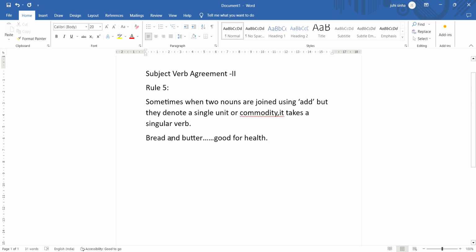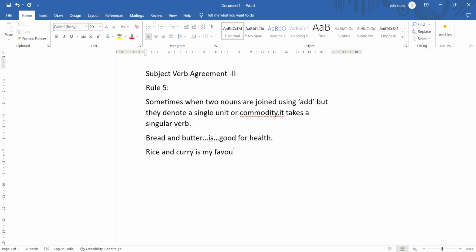Both of them are joined using and, but still the verb which we are going to use here will be is, because bread and butter is a unit. We eat it together. We don't eat it separately. Okay. Another example can be rice and curry. Rice and curry is my favorite.